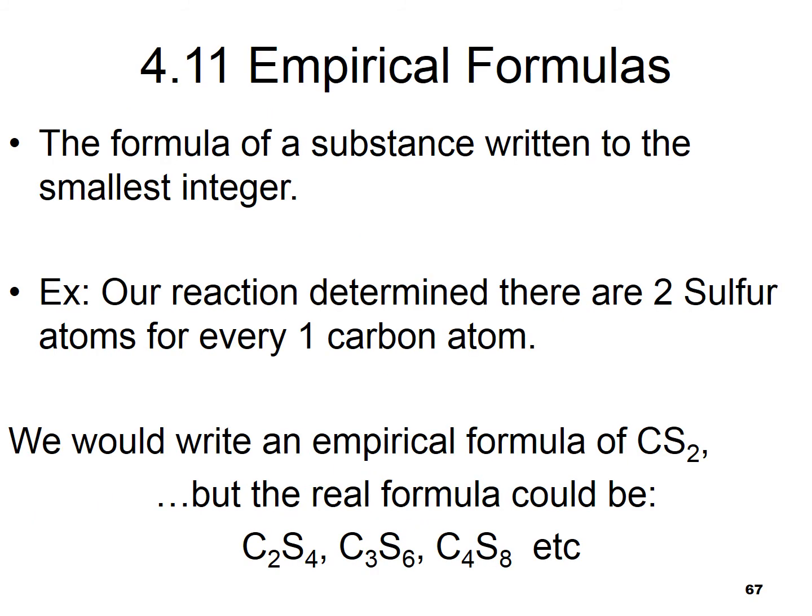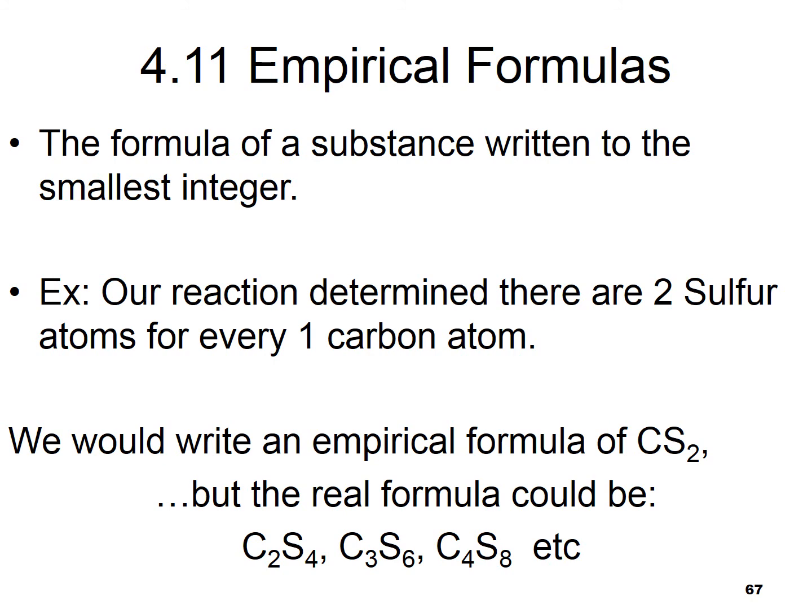The second thing I want to point out is that this formula CS2 is what we call an empirical formula. It is the simplest possible ratio of carbon to sulfur, but we haven't actually proven the exact formula. And I'm generally not too worried about this. I haven't set up any problems where we figure this out, but the real formula could be anything with the ratio of 1 carbon per 2 sulfurs.